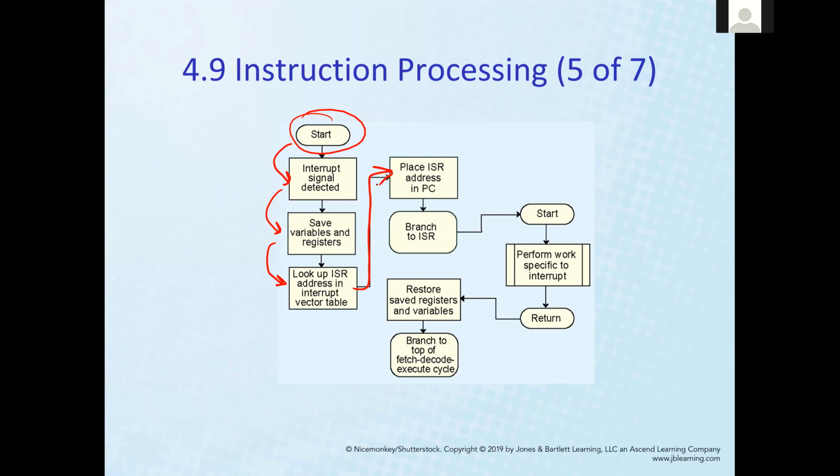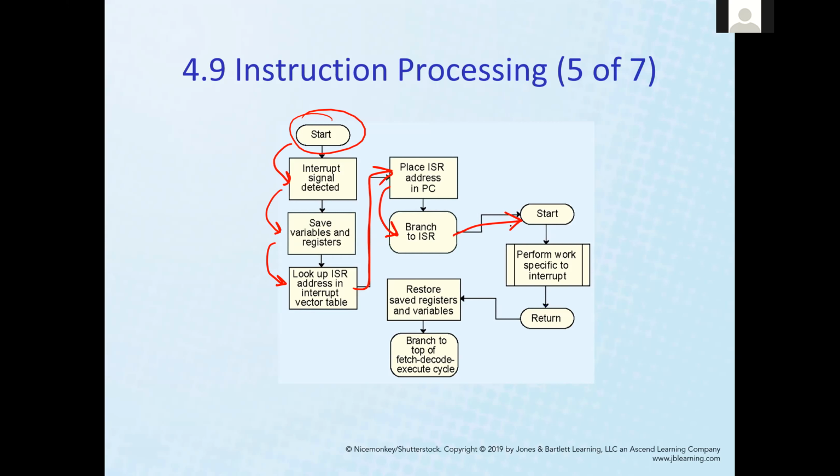So by placing the ISR address in the PC, the next instruction which will be executed is in fact the first line of the interrupt routine. After that, the processor branches to that routine because the PC is now updated to the address of the interrupt routine, and then starts the interrupt routine.